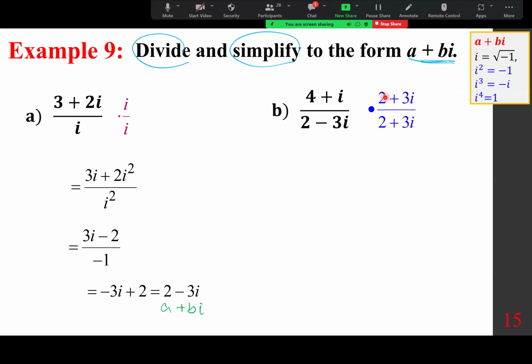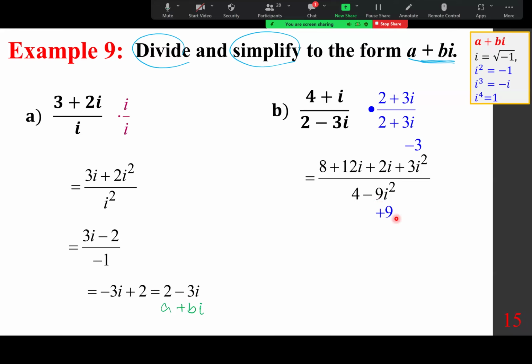We get 4 times 2 is 8, 4 times 3i is 12i, i times 2 is 2i, i times 3i is 3i squared. Now the denominator, it's really 4 plus 9, but anyways, 2 squared is 4 minus 9i squared, which makes it plus 9. So this is a negative 3, and this is a positive 9.